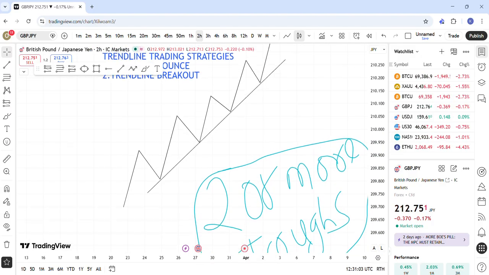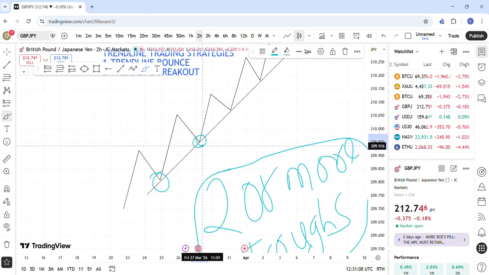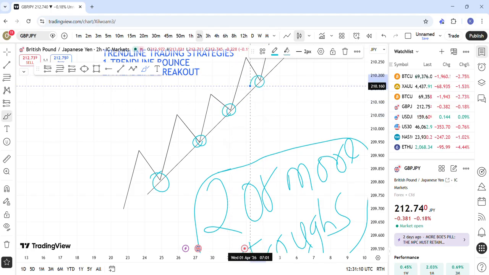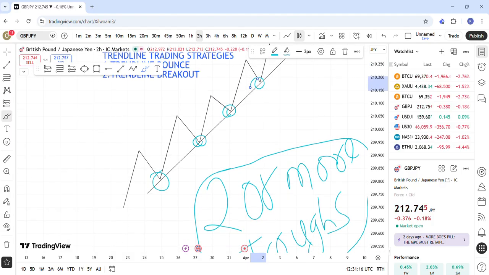This is a trough. So when you connect it together on the wick, that forms a trend line. You get me? So this is an uptrend trend line, drawing an uptrend.